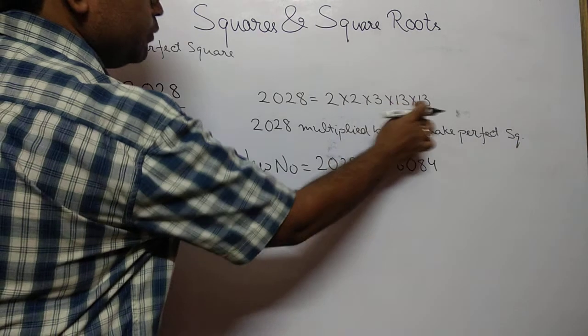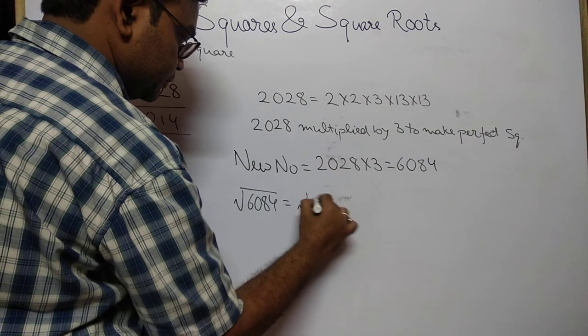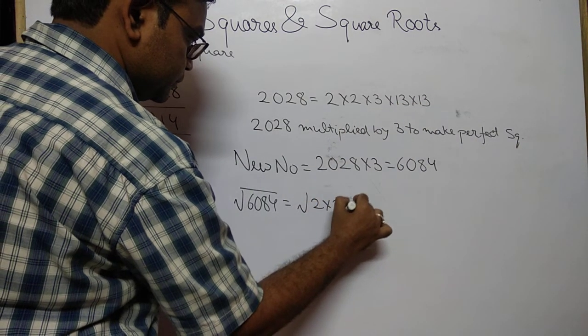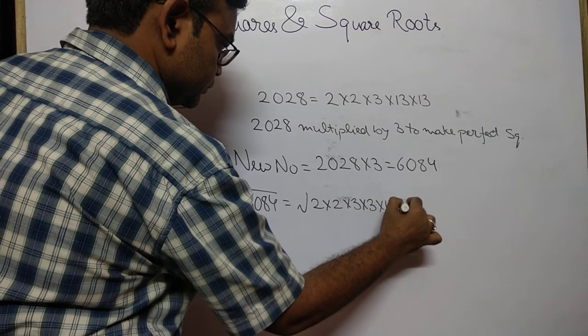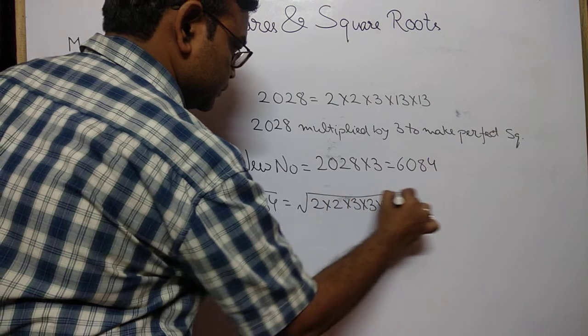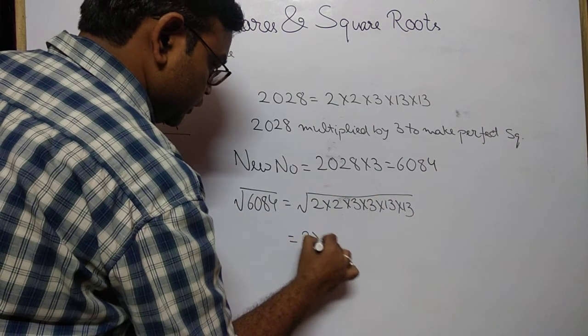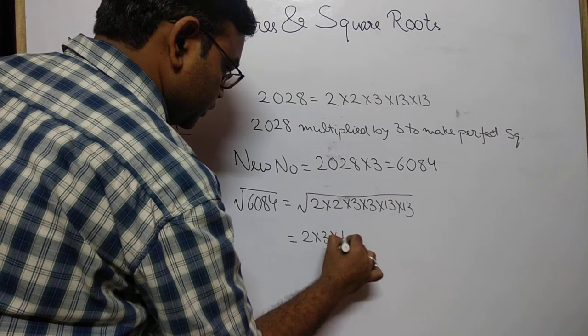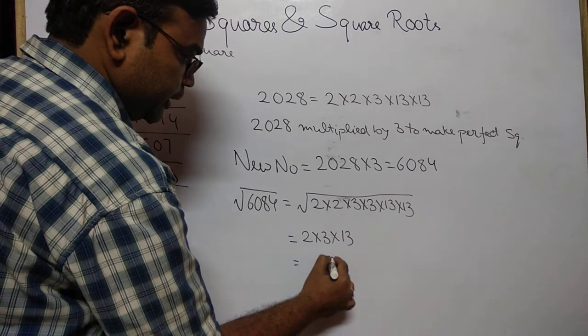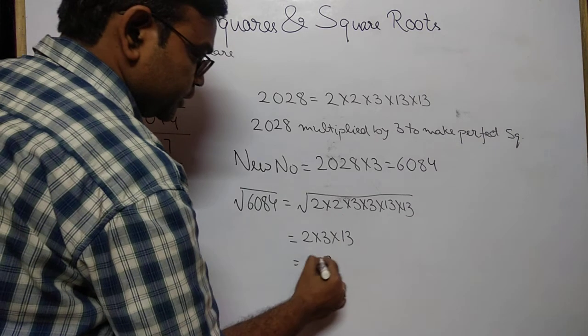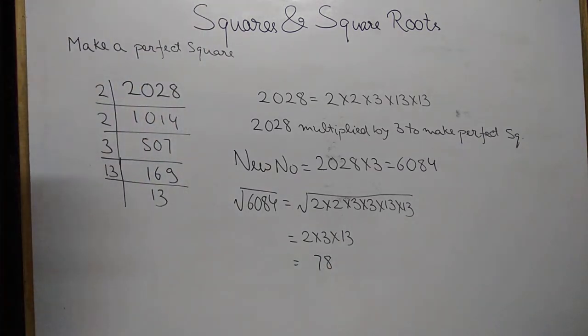This and one more 3, a pair of 3. So it's 2 into 3 into 13. So 3 2s are 6, 6 3s are 18, 1 carry, 6 1 is 6 plus 1 is 7. It's 78. So likewise you have to make a perfect square number.